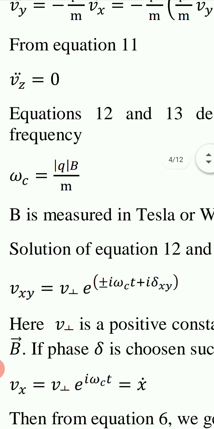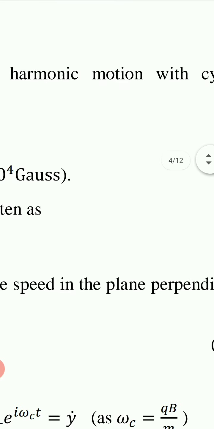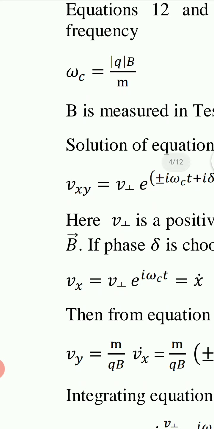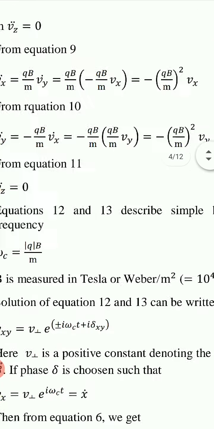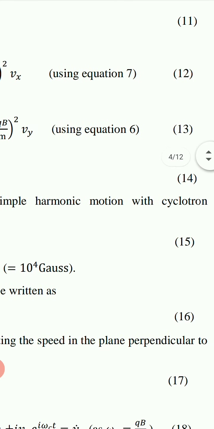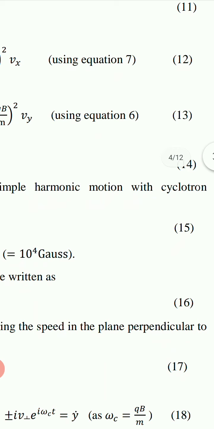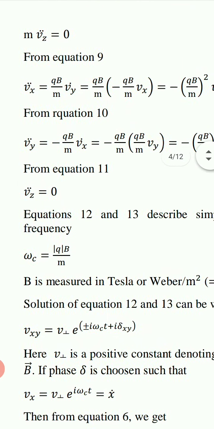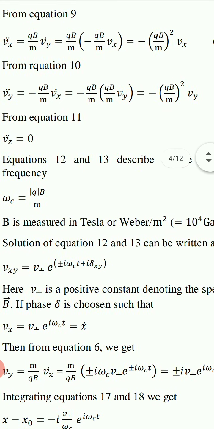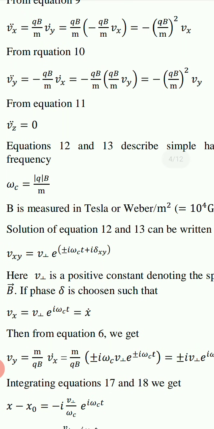Equations 12 and 13 describe simple harmonic motion with cyclotron frequency omega c equal to q b upon m. Equation 12 gives vx double dot equal to minus q b upon m whole square vx, and equation 13 gives vy double dot equal to minus q b upon m whole square vy.